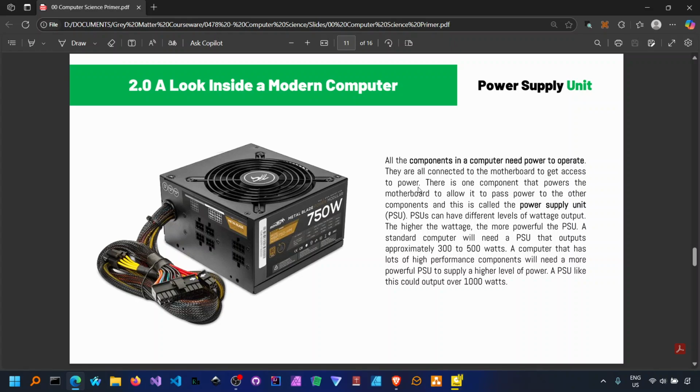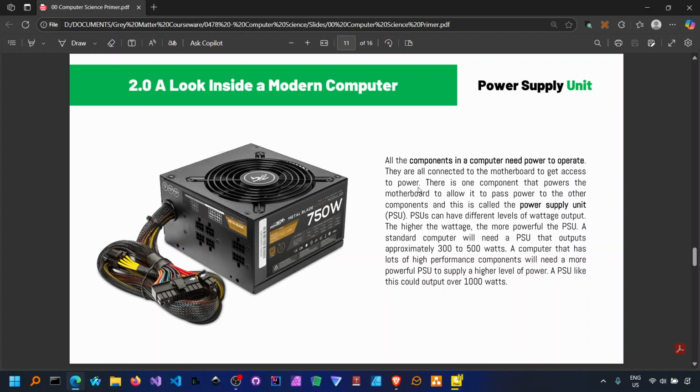For the most part, computer circuitry typically works with direct current, whereas the electricity that comes from the mains is alternating current or AC. So the power supply unit is just going to change your electricity from AC to DC, and it's also going to step down the voltage so that it's not excessive.